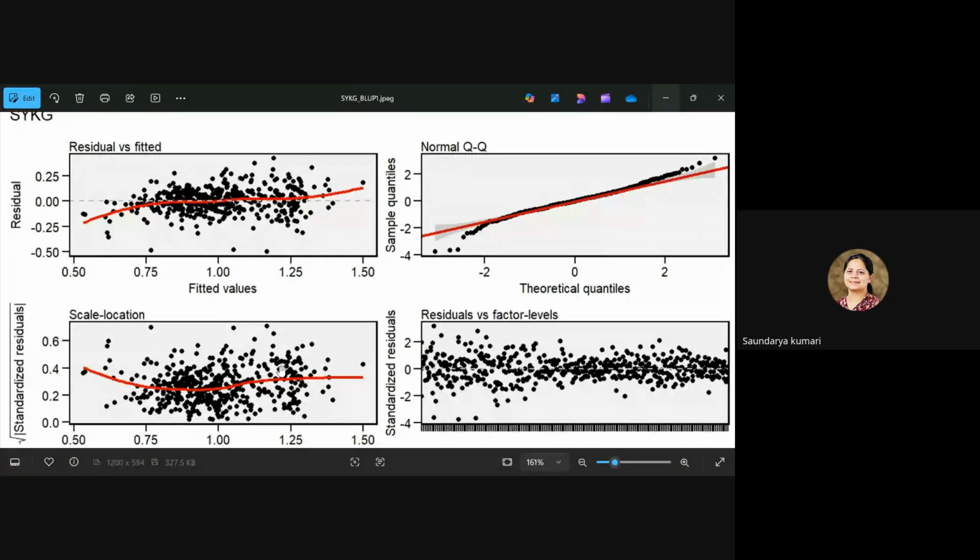As I told you, on the x-axis different factors are there, and on the basis of those factors these points are shown. I want to know what these points are. Are they genotypes or something else?